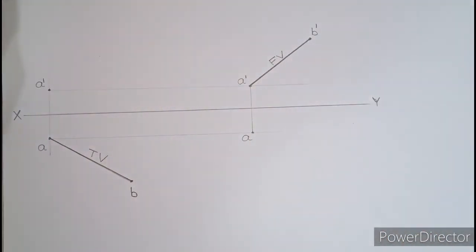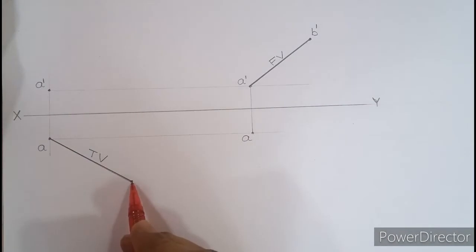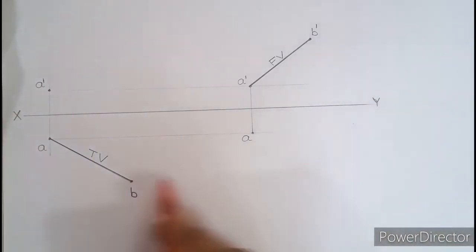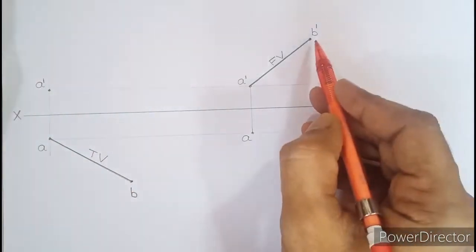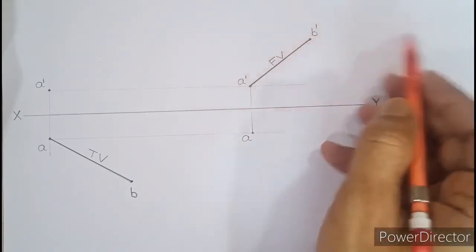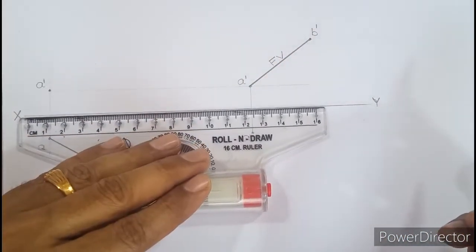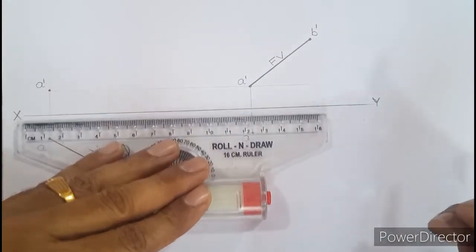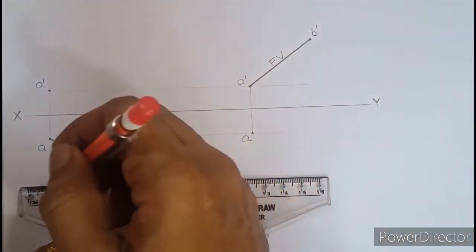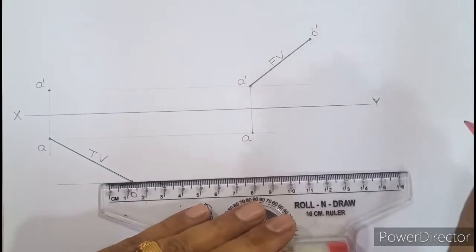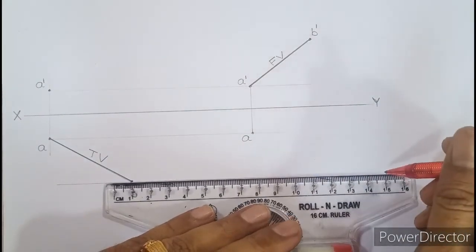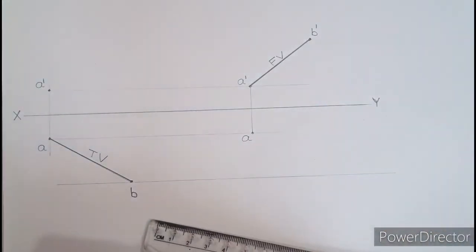Next we have seen that from point B, we need to draw locus of B, which is a light line. And from point B dash, we need to draw locus of B dash, which is again a light line. So parallel to XY, we will slide this down and we'll draw a light line covering both the tools. So the length should be such that it should cover both the tools.